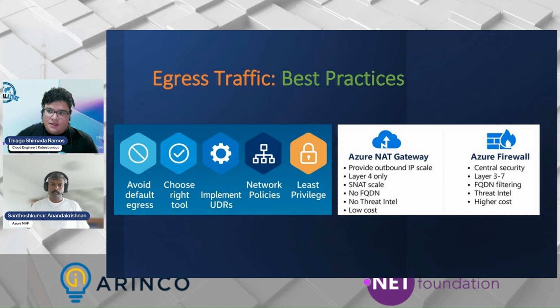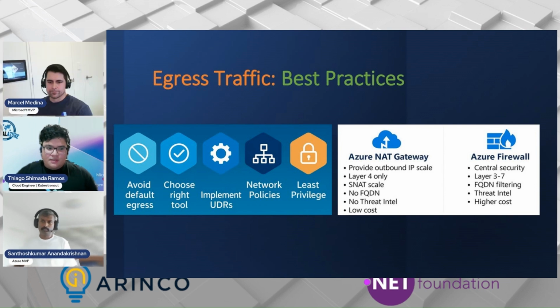Or you can use Azure Firewall. If you need deeper inspection, Azure Firewall can make you understand from layer 3 to layer 7, up to the application, and it can control where the roads are defined, all passing through this toll station.